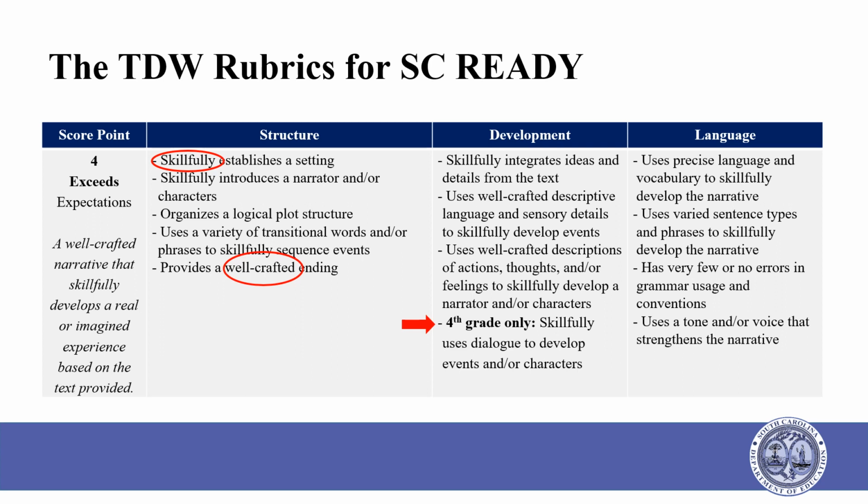These committees will read and analyze student responses to the TDW items and determine at each grade level what constitutes each score point. In other words, the teachers will determine what skillful writing looks like at each grade level and within the corresponding modes of writing.